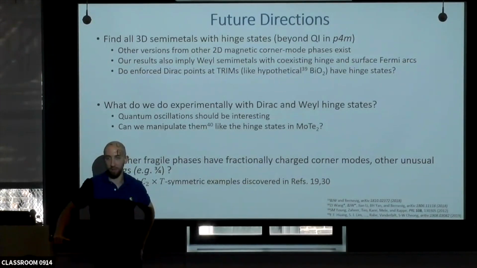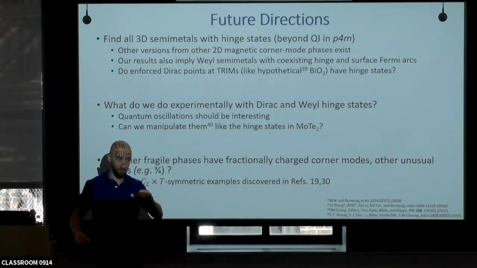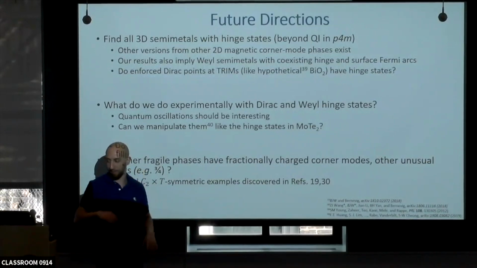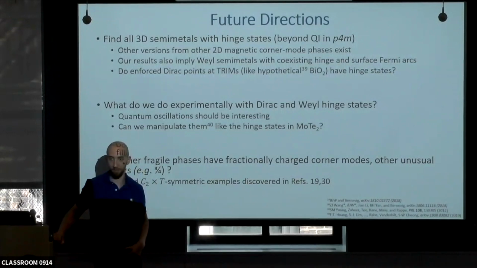Basically what's going on at k equals 0 and pi will have a heavy bearing on what happens when I break C4 symmetry. So it's like tracking the Dirac point phase transitions. Dirac points would open? Yeah, unless you don't get a Weyl point. Okay, so the Dirac points would open, and I have some insulator, and I can try and figure out if it is a TI, a TCI, or nothing.